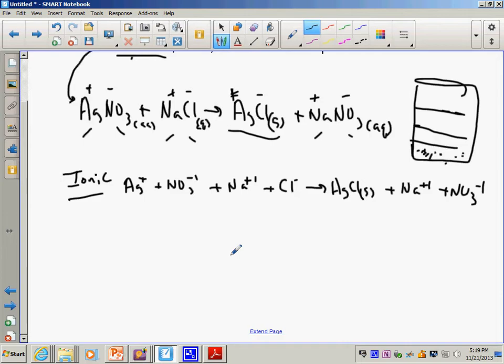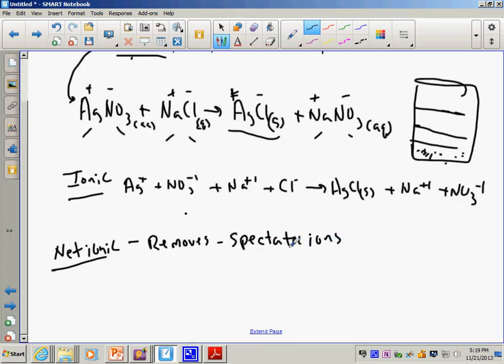A net ionic equation is one where we eliminate spectator ions. A spectator ion is an ion that simply does not change from start to finish in any way whatsoever.